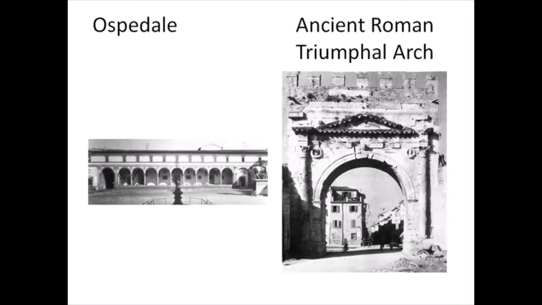So it kind of confuses you. So look at the far left bay, and you will see that Brunelleschi has obviously studied all of the ancient Roman triumphal arches that were all over Italy. He has borrowed that ancient Roman triumphal arch and he has applied it to the flanking bays.